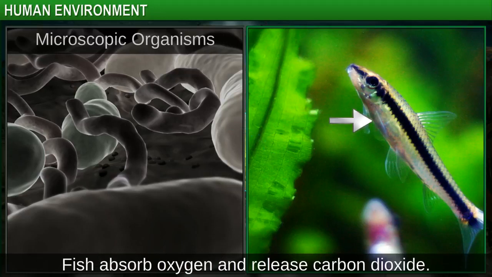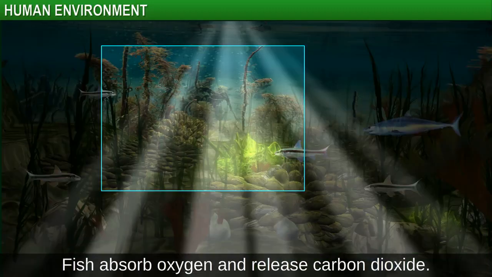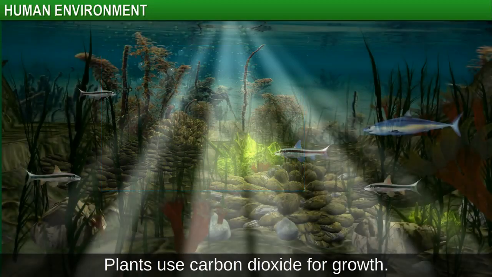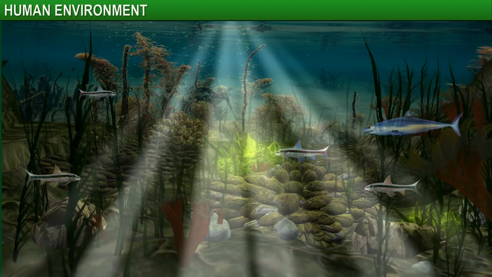The fish absorb oxygen through their gills and release carbon dioxide. This carbon dioxide is used by plants for their growth. So, as you can see, all these organisms in the ecosystem of the lake are dependent on each other for their growth.